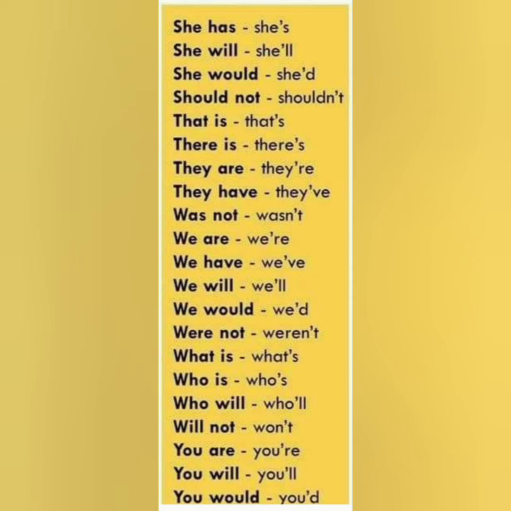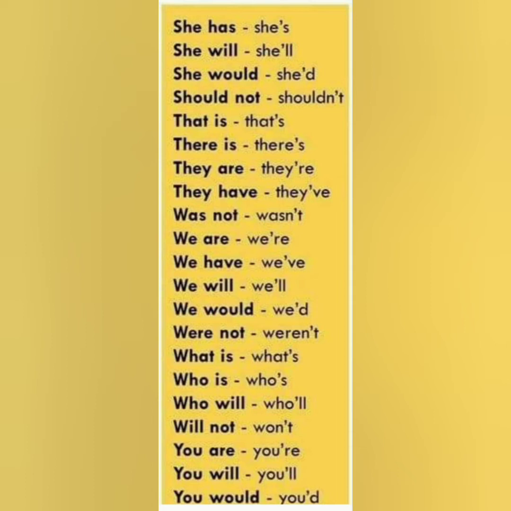On the next page you can see so many contractions, like she has, she's, she will, she would, should not, that is, that will become that's, there is, theirs, they are.